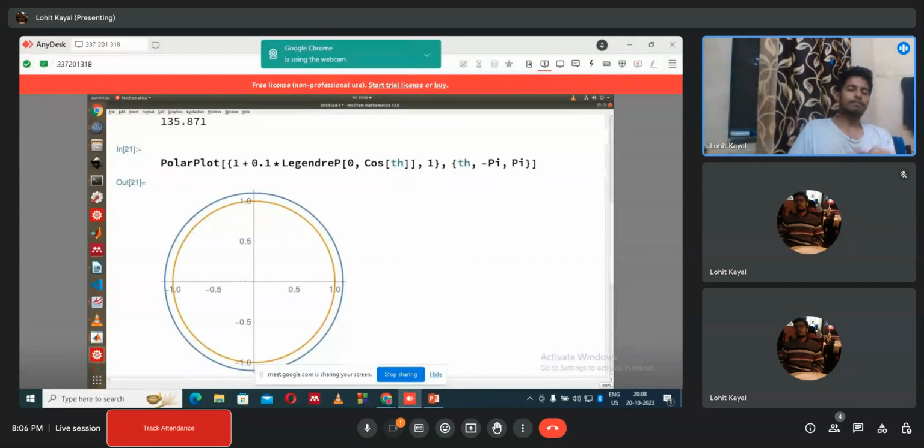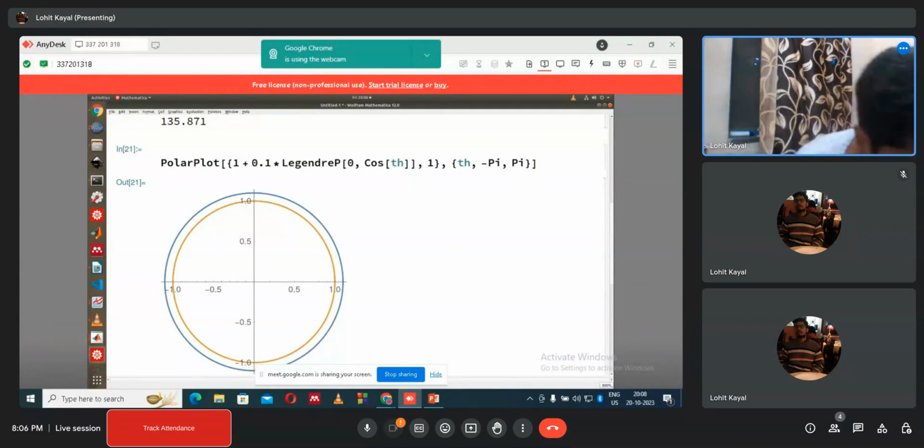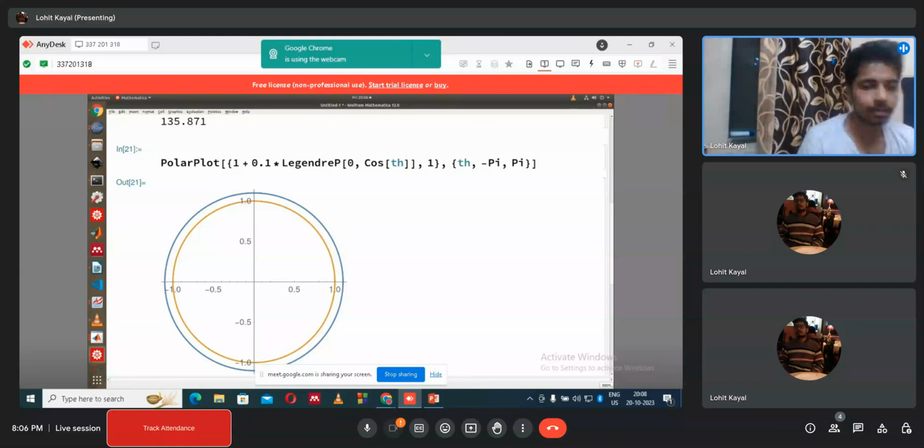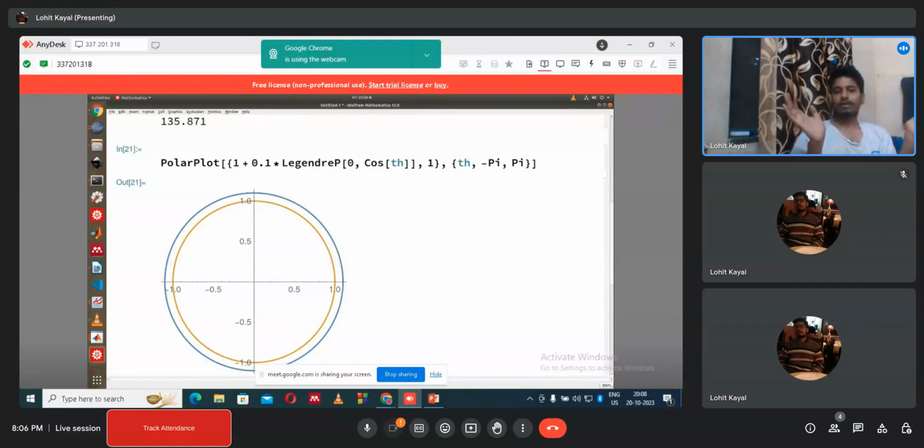So we are seeing it here. The yellow one is the original sphere, but the blue one is the P0 mode. After applying the P0 mode, we are seeing its size has become bigger. That means its volume has been changed.